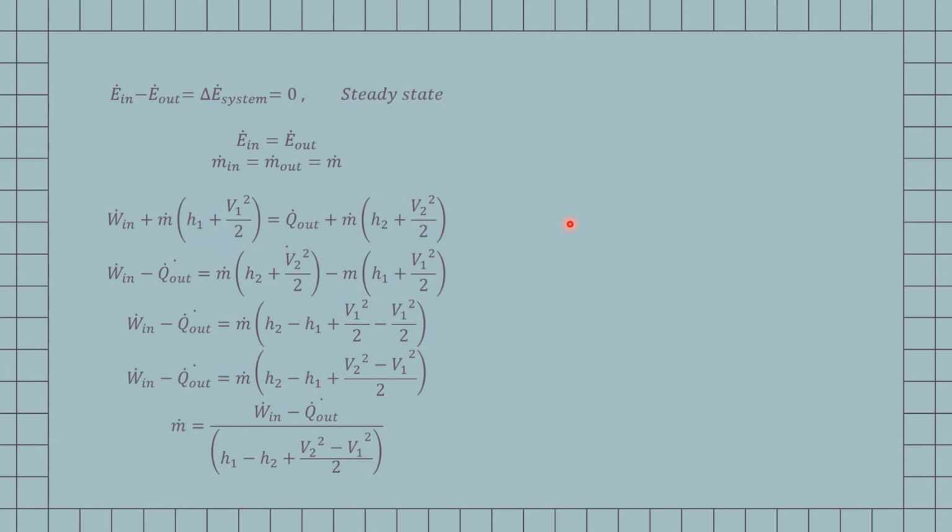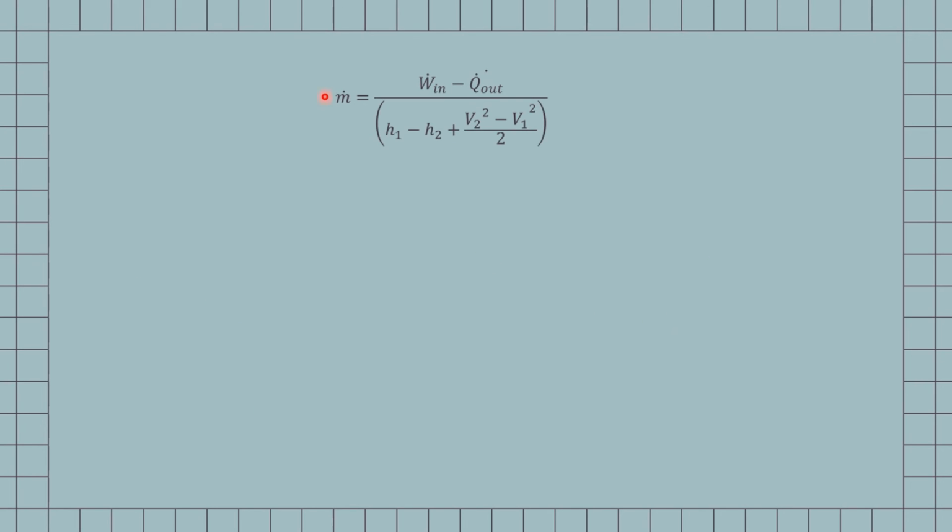To find them, as T1 is 298 Kelvin, we find the specific enthalpy at 298 Kelvin. We do the same for h2. We get h1 and h2 from the properties table, and then we put all of the information into this equation.